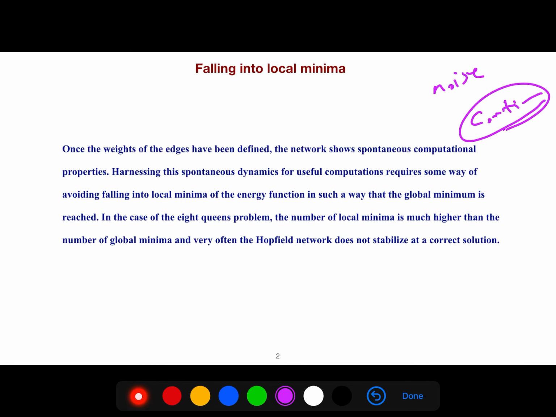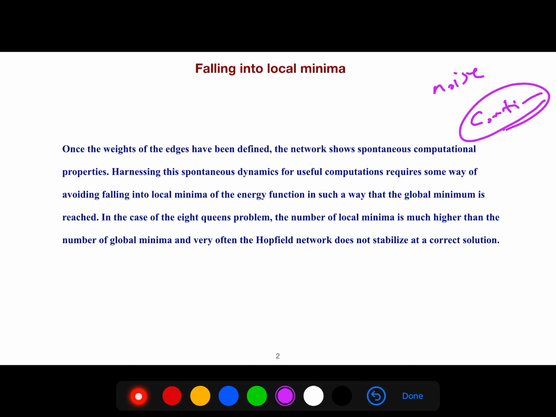Harnessing this spontaneous dynamics for useful computations requires some way of avoiding falling into local minima of the energy function in such a way that the global minimum is reached. In the case of the 8 queens problem, the number of local minima is much higher than the number of global minima.